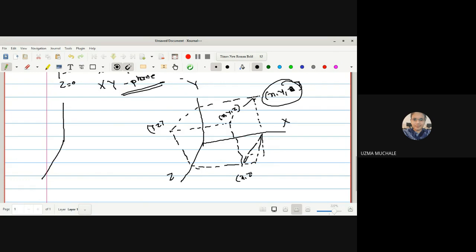Or if you want to do it in a very simple way, what you have to do? First, you have to complete this cube, and this is your x, y, and z axis, and this is a point with the 3 coordinates x, y, z. Okay. Does anyone remember this, which we have done somewhere in the classical mechanics paper?